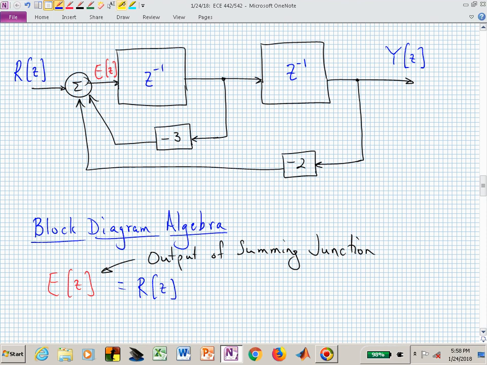So now I might look at this one and say, oh, I need this one. Well, that's this guy. And if I go all the way, whoa, I am chasing my tail. That was not quite what I wanted to draw, but I have this.